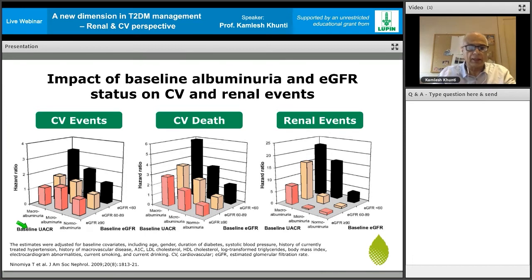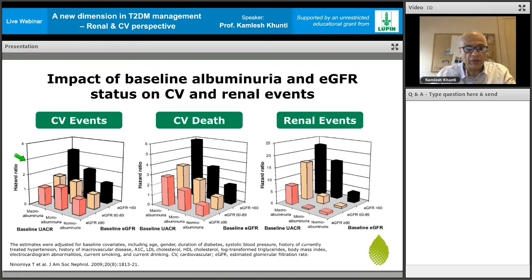And this is another nice study looking at the combination of both EGFR and urine albumin creatinine ratio with cardiovascular events, cardiovascular death, and renal events as well. So here in cardiovascular events, as you can see, a reasonably flat line with normal albuminuria. This is microalbuminuria, this is macroalbuminuria, and these are the EGFR categories here.